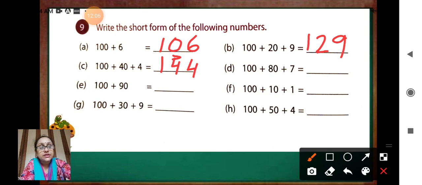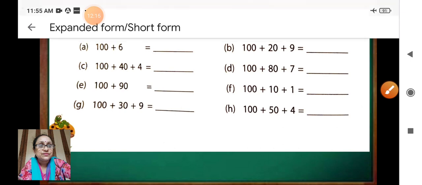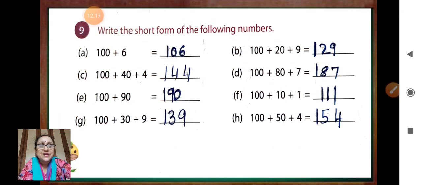Yes children, I am waiting for you. Try to do yourself. Yes, you can do it. Very good. Yes, check your answers. All are getting this correct answer. Very good. So finish it.